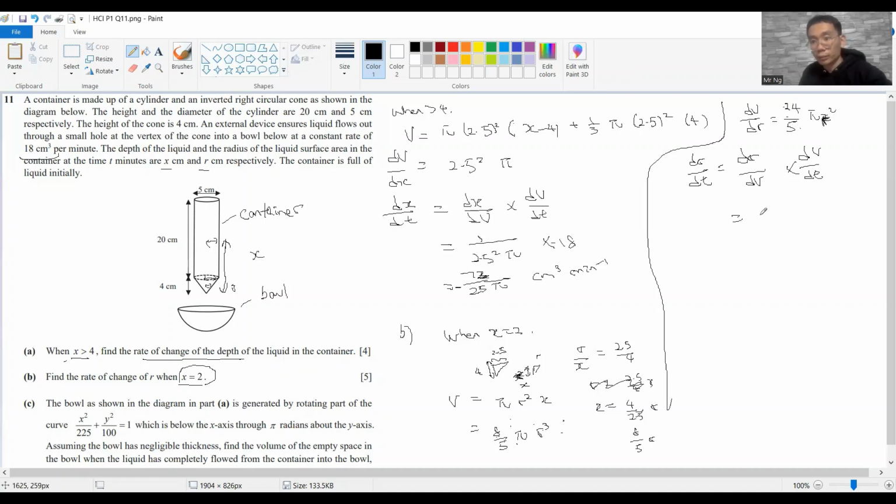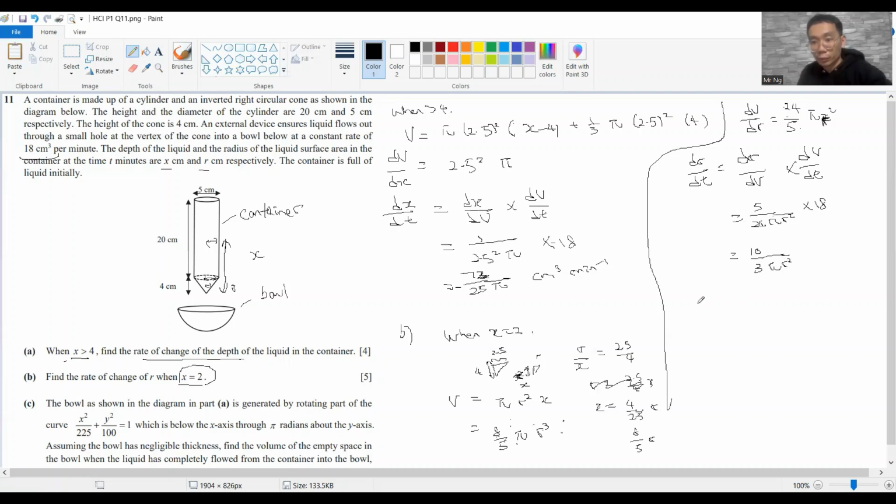So this will become 5 over 24 pi r squared, then times 18, equals 10 over 3 pi r squared.